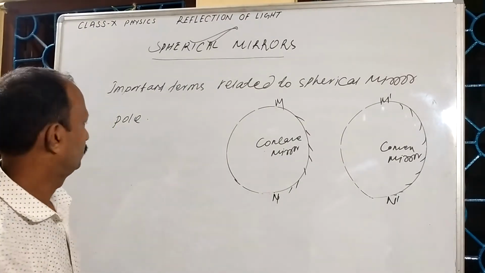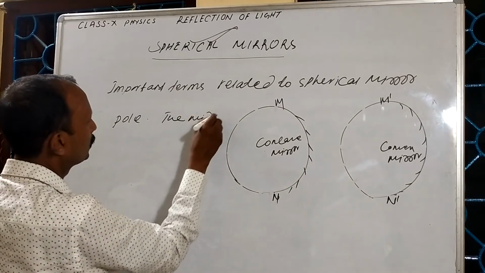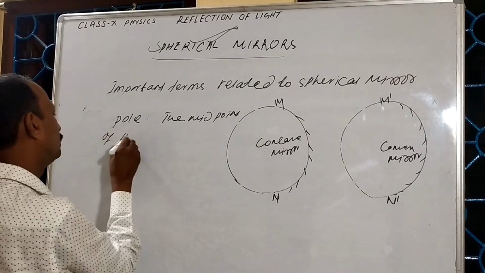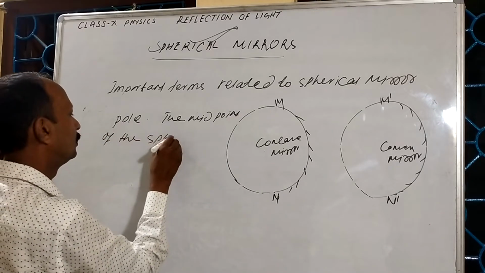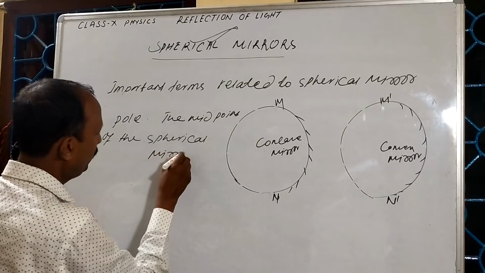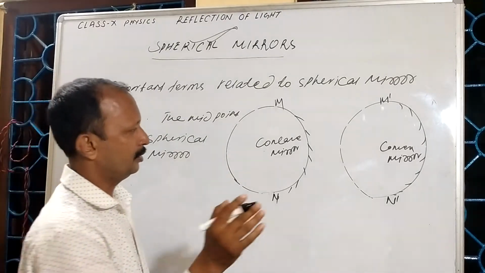Pole of the mirror. The midpoint of the spherical mirror, whether concave mirror or convex mirror.